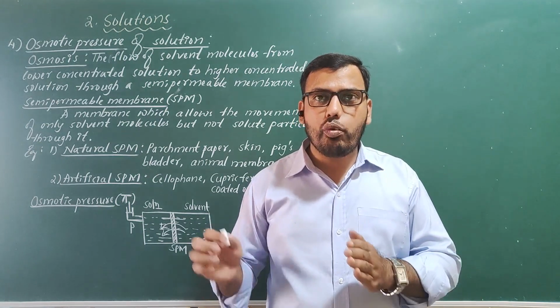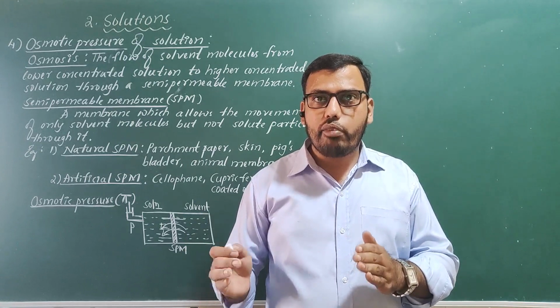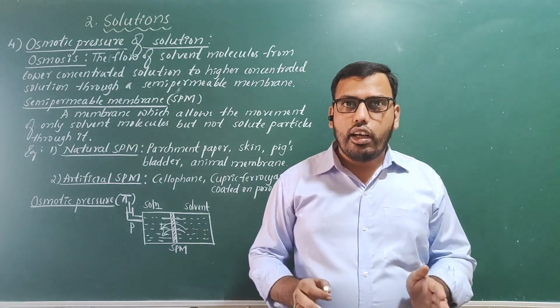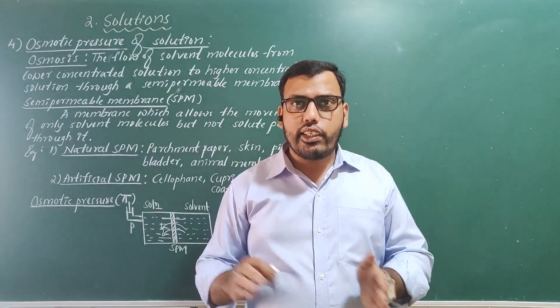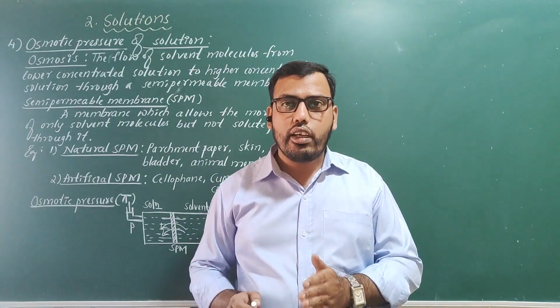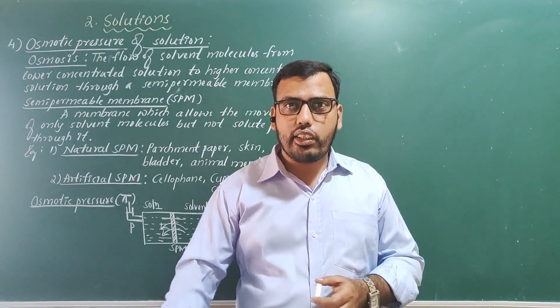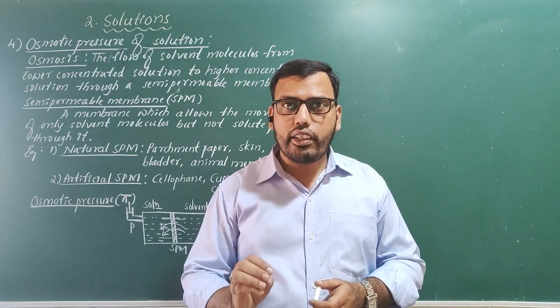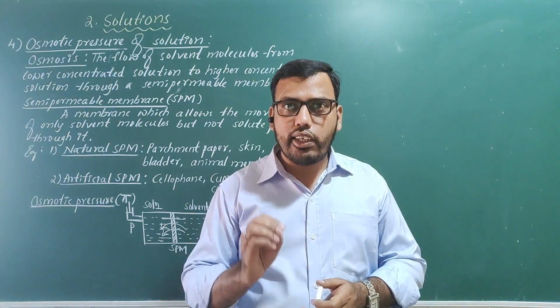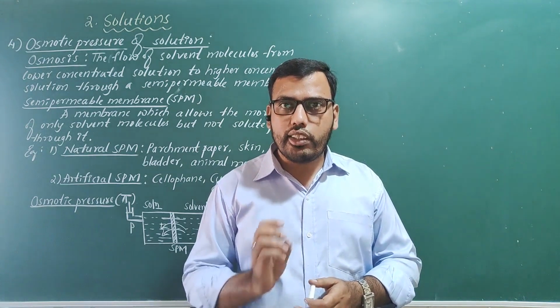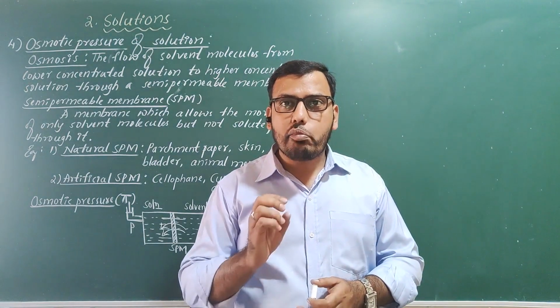The solvent molecules which are moving from solvent to solution side, from lower concentrated to higher concentrated solution, stop, meaning osmosis stops. Such external pressure which is applied on the concentrated solution side which stops osmosis is called osmotic pressure.